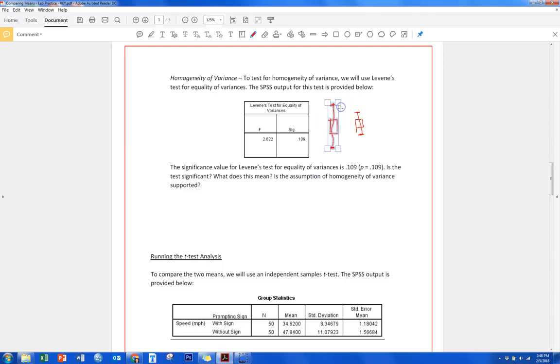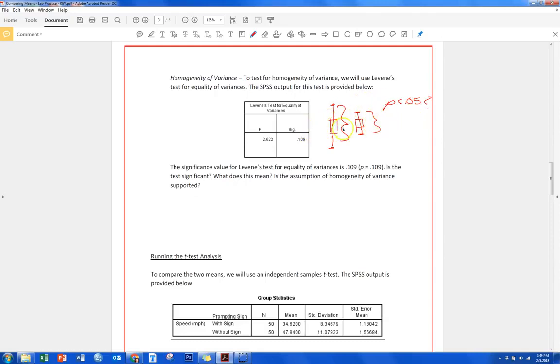Is the variance here significantly different than the variance here? We know that our cutoff for statistical significance is p less than 0.05. So we're asking the question, is p less than 0.05? If it is, then there's a significant difference.